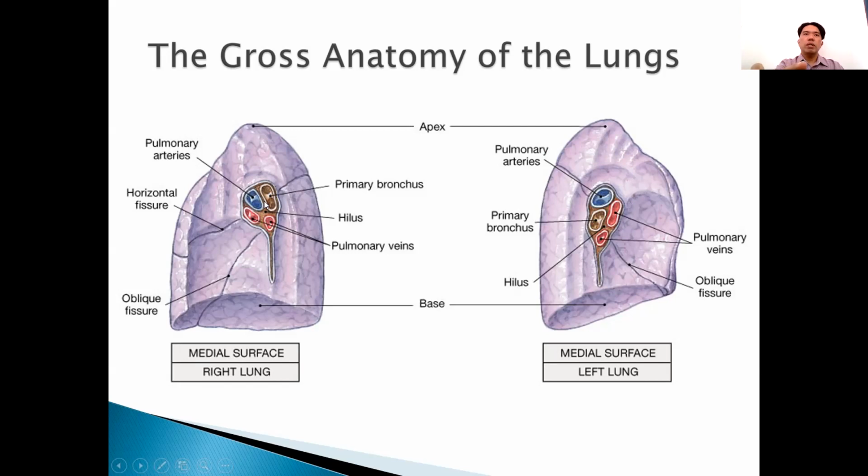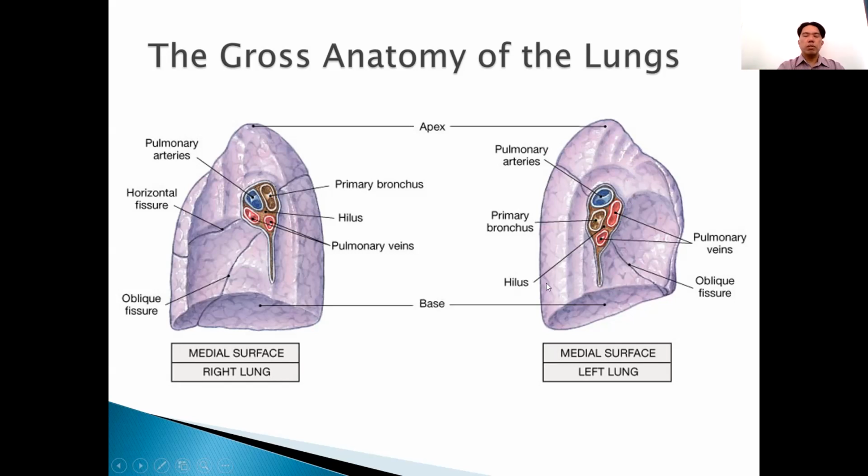On the right lung, the pulmonary artery is on the anterior portion with respect to the bronchus. Pulmonary veins are inferior. On the left lung, the pulmonary veins are anterior and inferior to the primary bronchus.